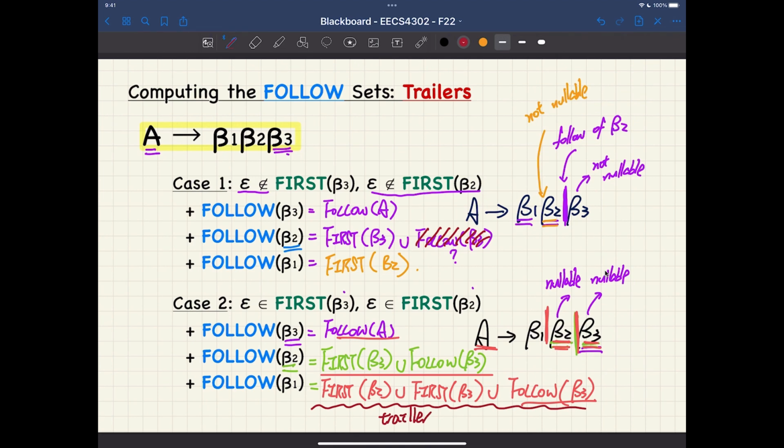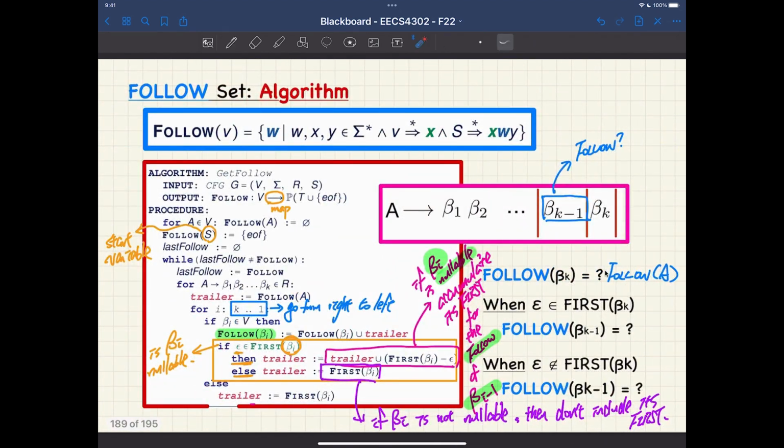Should be single L, I'm not sure. Whatever, maybe double L. If you see the algorithm over here, basically you will just try to keep accumulating the trailer, either with the first or without the first, basically. And then, depending on whether it's nullable, that's basically what you do. And go backwards from k down to 1. All right, that's something you can see.